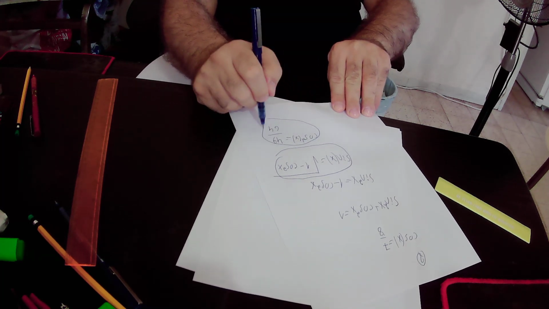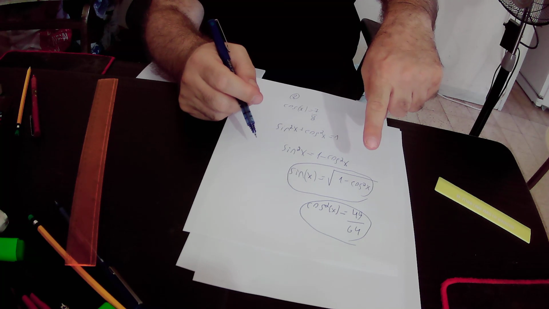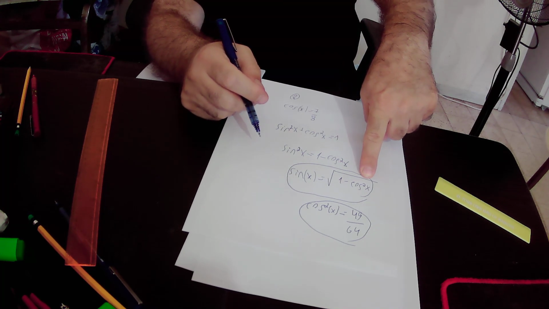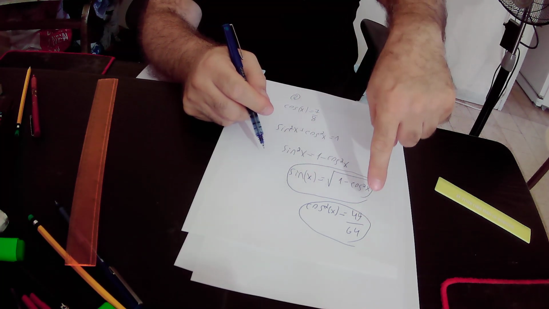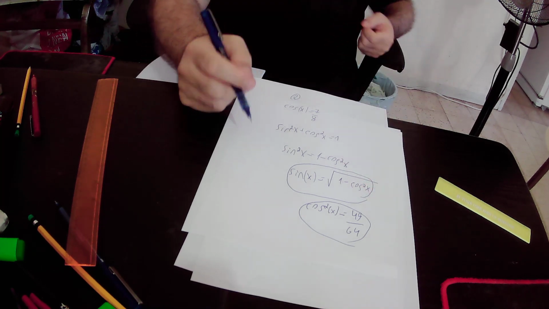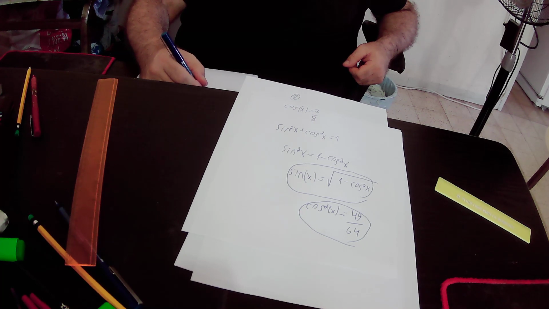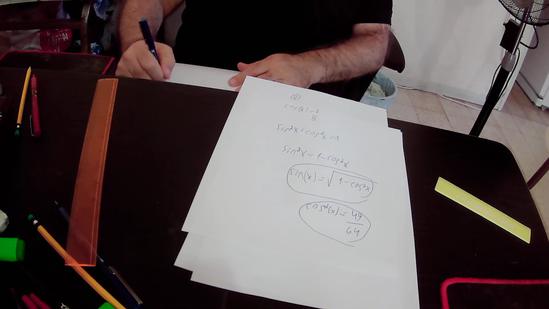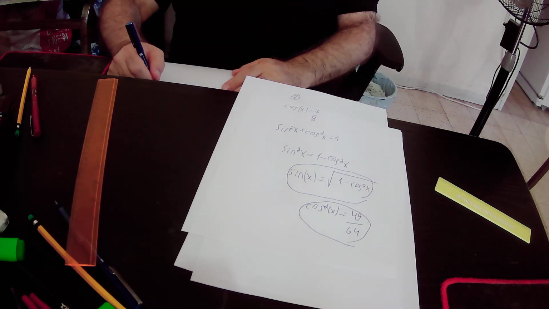So we can substitute cosine x squared in this equality by 49 over 64, because cosine x squared equals 49 over 64, and we will get that sine x equals the root of 1 minus, instead of cosine x squared, we will write 49 over 64.